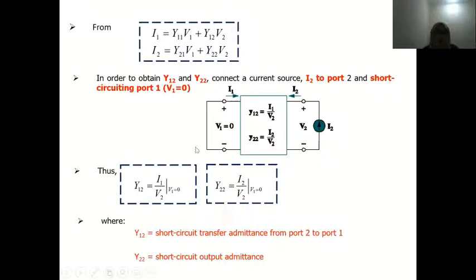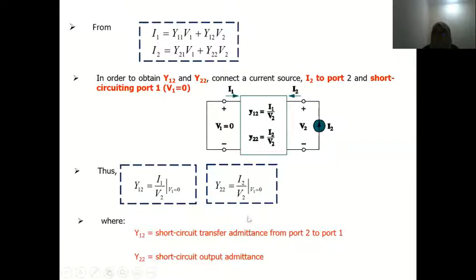When you zero V1, Y12 is I1 divided by V2, and Y22 is I2 divided by V2. Y12 is the short circuit transfer admittance from port 2 to port 1, while Y22 is the short circuit output admittance.